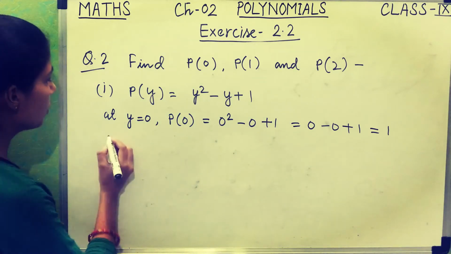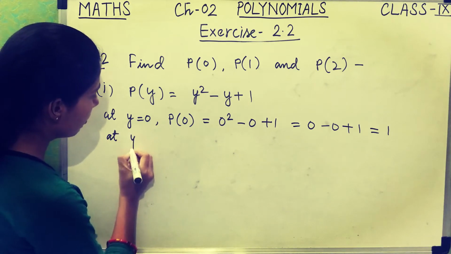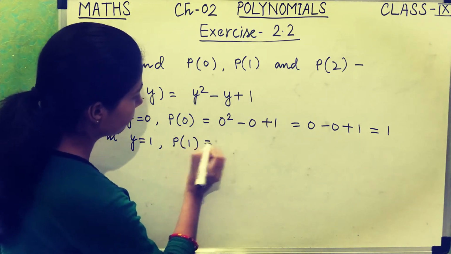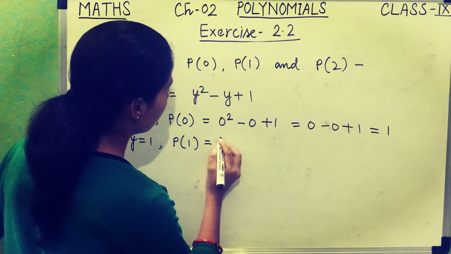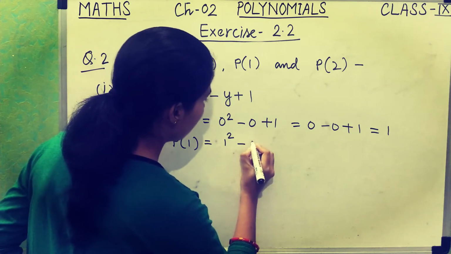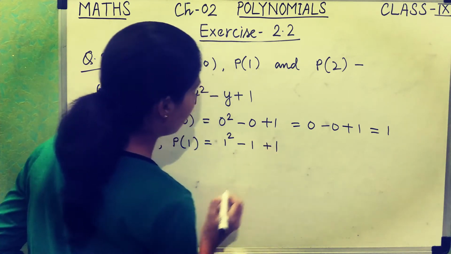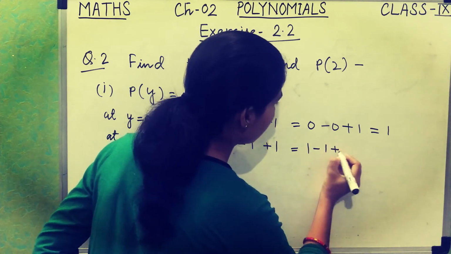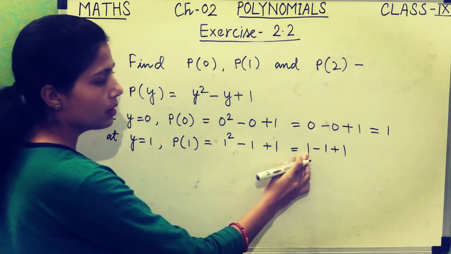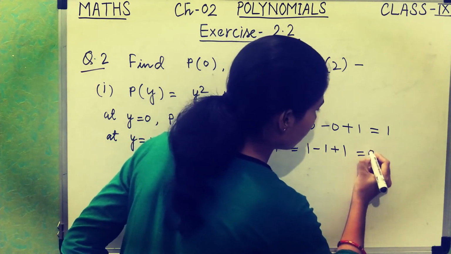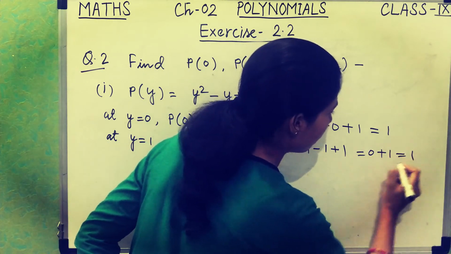Okay, now you have to check at y equals 1, it means p1. Okay, so you have to put the value of y as 1 in each term. So square of 1 is 1, minus 1 plus 1. 1 is plus and 1 is minus, so 1 minus 1 is 0 and 0 plus 1 is 1.